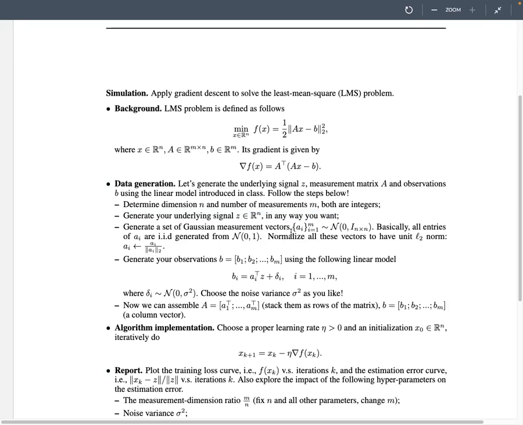You can imagine a_i is the ith row of matrix A. All the entries of a_i are generated i.i.d. from the standard normal distribution. You can do this using either MATLAB or Python. They have commands to generate a matrix or vectors of Gaussian random numbers. You can just check Google.